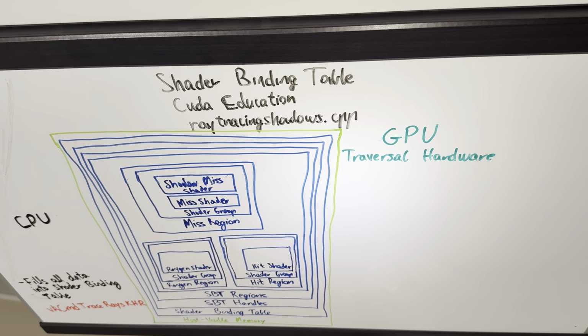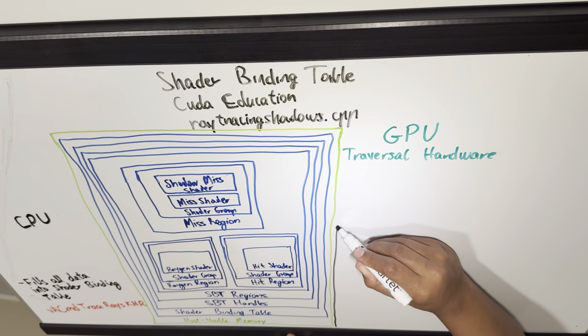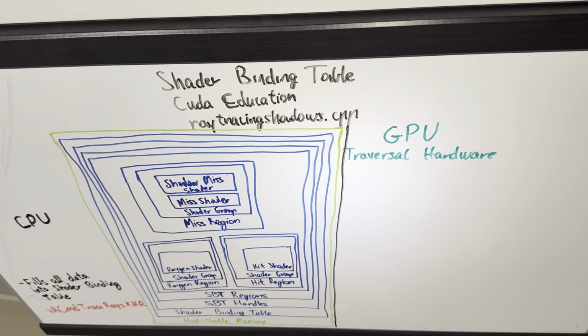So we're traversing the scene with rays. All right. So let us just do a hard line right here. All right. Okay. So now I'd rather do a very strong one. All right.